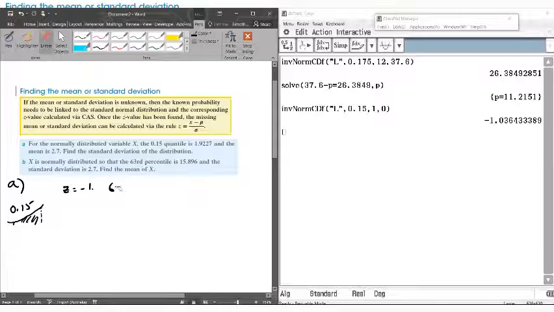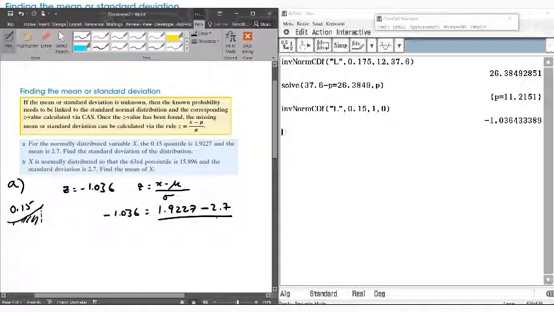Because we have that, z is equal to x minus the mean over sigma. We have negative 1.036 equals 1.9227 minus the mean, which is 2.7, over sigma. So sigma is 1.9227 minus 2.7 over negative 1.036.